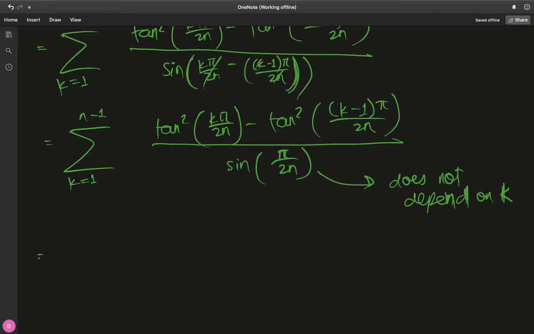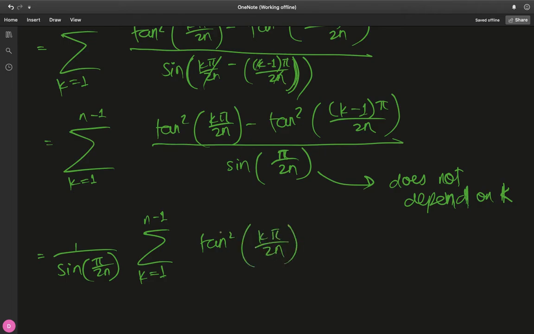So pulling the sine out, we have 1 over sine of pi over 2n, just observing the crazy telescoping sum that we are going to have. Spoiler alert, oops. Sum from k equals 1 to n minus 1 of tan squared of k pi over 2n minus tan squared of k minus 1 pi over 2n, and let's just bracket this out.